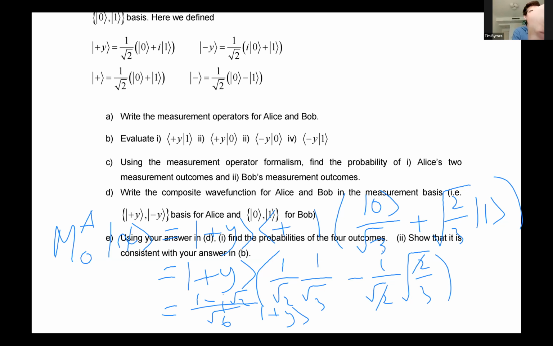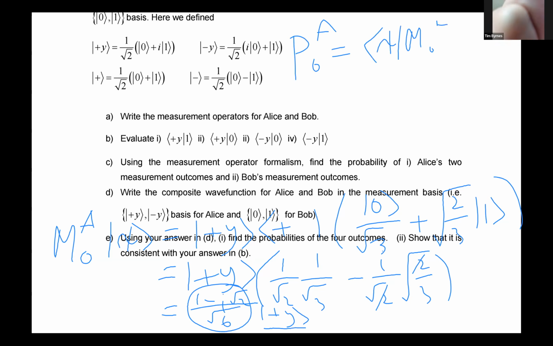And then to find the probability of that outcome for Alice, we just look at this number. We already know that plus Y is normalized. So we just take the inner product of this state that we just calculated with itself.